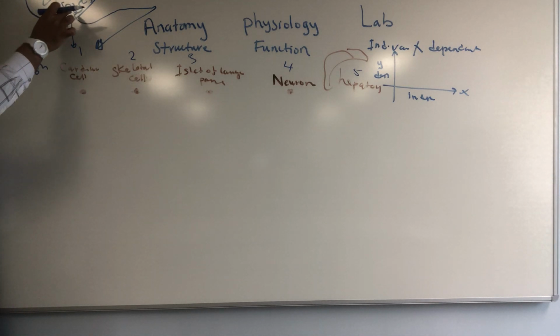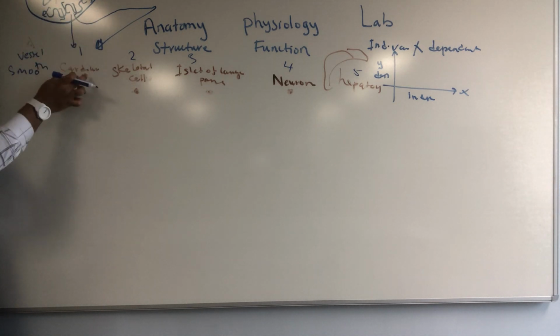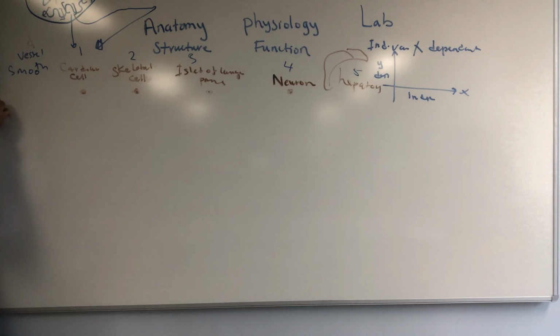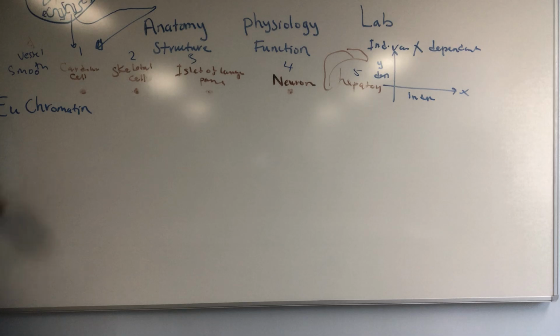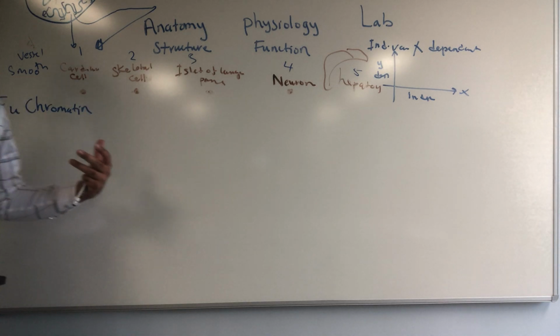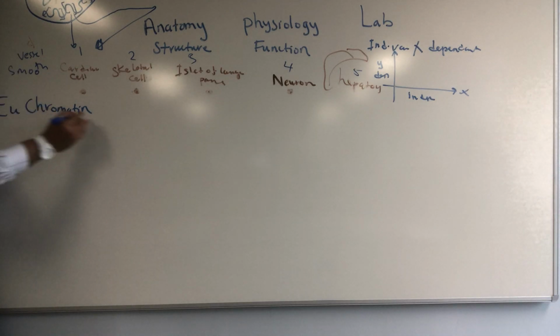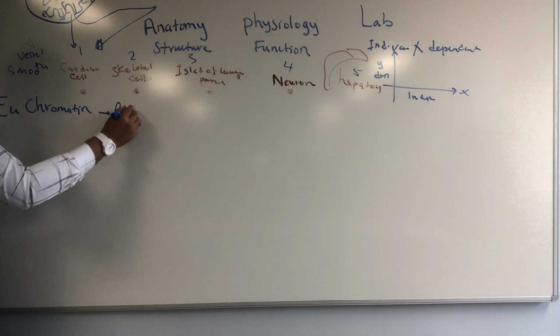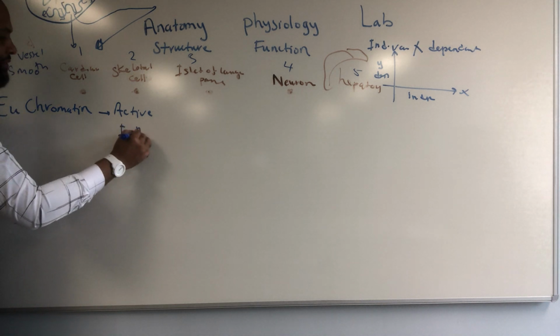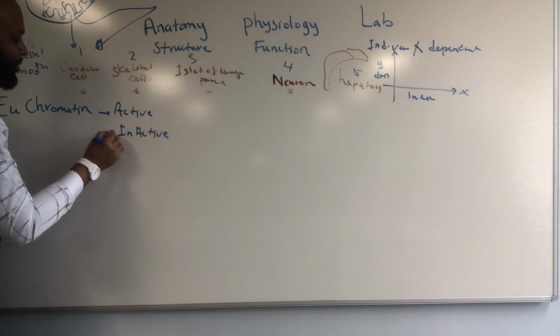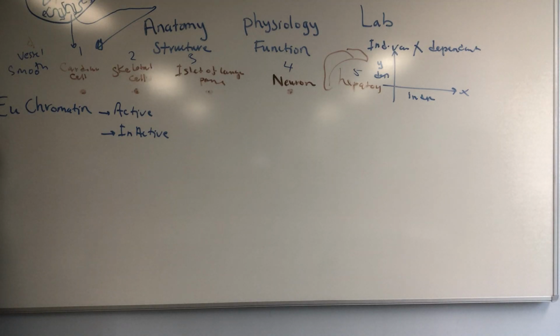So this region that, when transcribed, will give us this cell is known as the euchromatin. This is the active part of the DNA that gives the cell its identity. The inactive part is known as the heterochromatin.